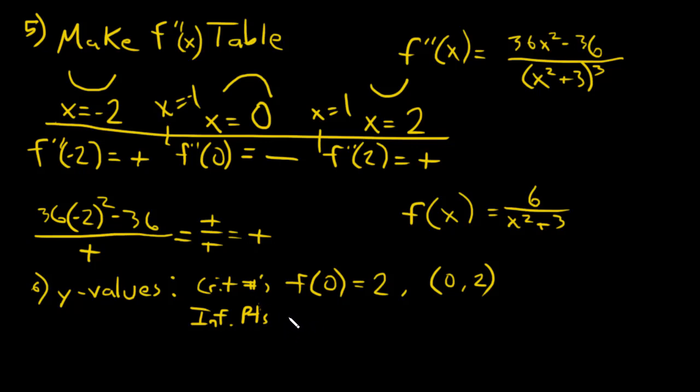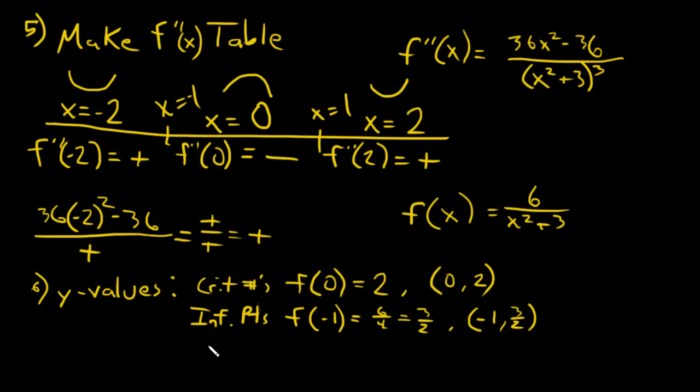Alrighty, so now that I'm looking for my inflection points, I'm going to do f of -1. So what does f of -1 look like? Well, 6 over -1 squared is 1, plus 3 is 4. So this is 6 over 4, which equals 3/2. So I'm going to get the point -1, 3/2.